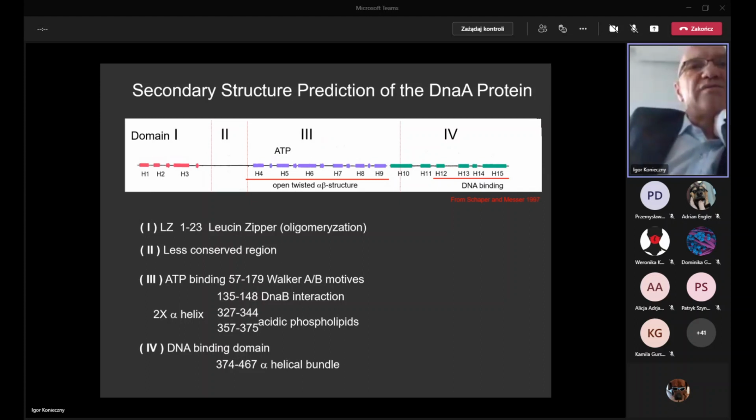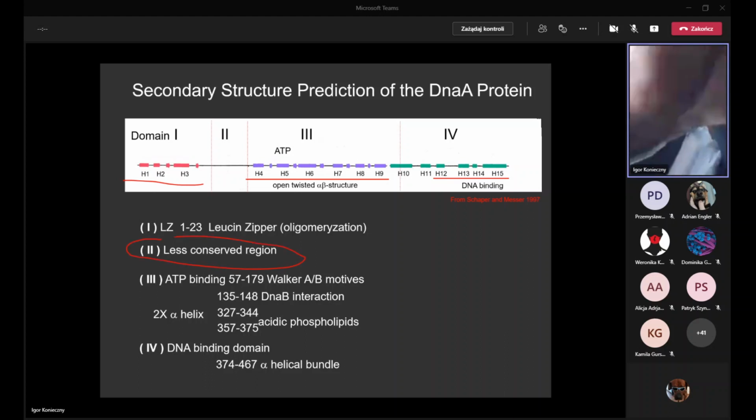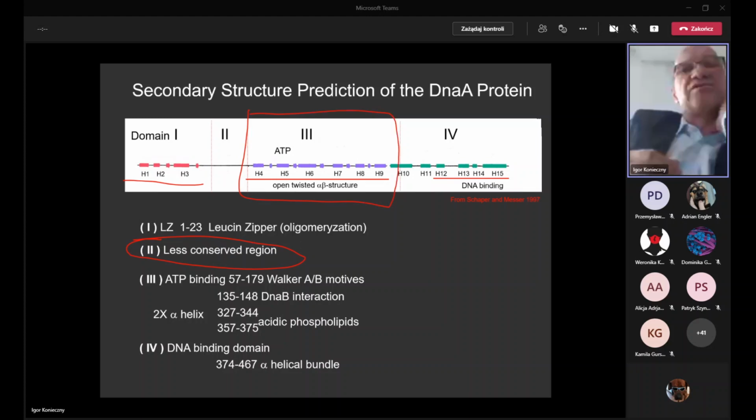Domain 1 with a leucine zipper and different helices, helix 1, helix 2, helix 3. Then domain 2 is less conserved among species. Domain 3 has a very unique structure with Walker A and B motifs, also the helicase DnaB interaction site, and ATP binding.